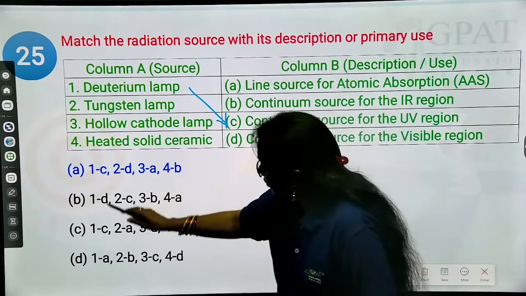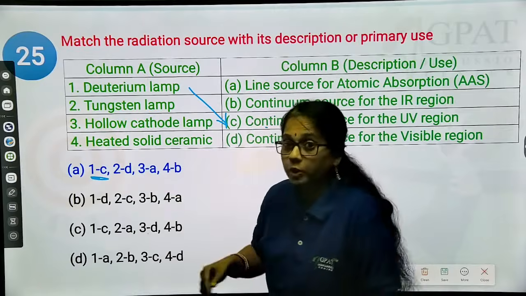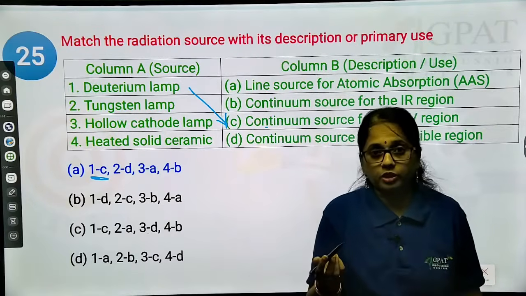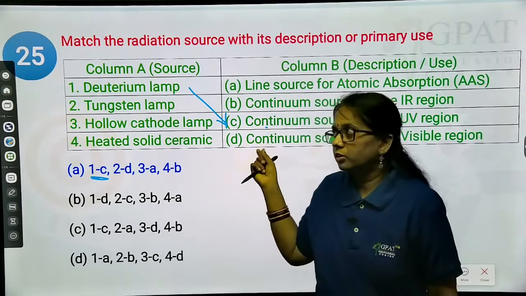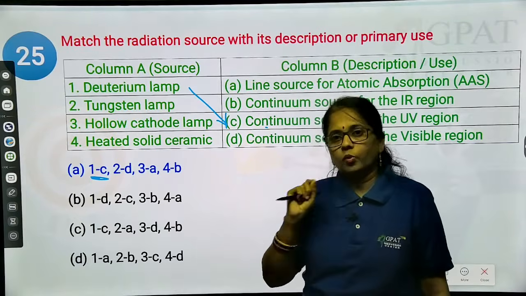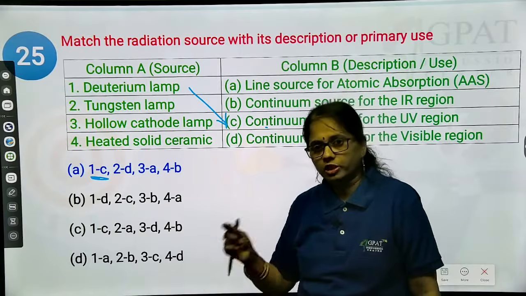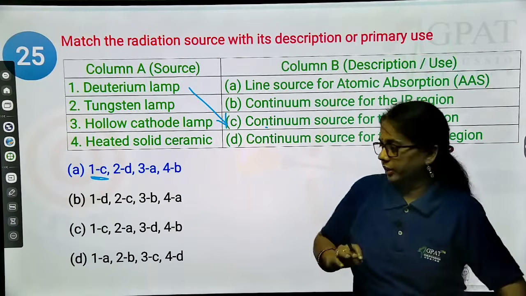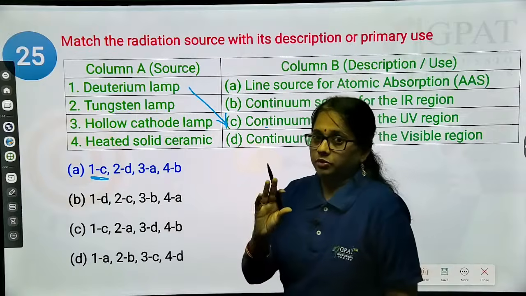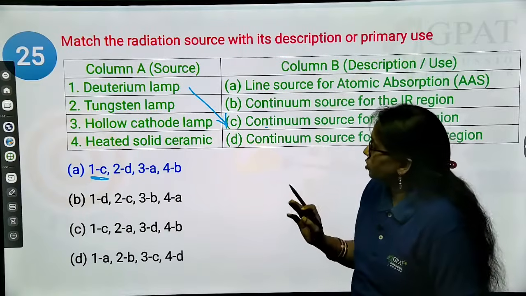So where are you finding 1C? Because time is very important also. In exams, in matchings mostly, if you know one confirmed answer which has been observed in one option, then you can blindly go for it.